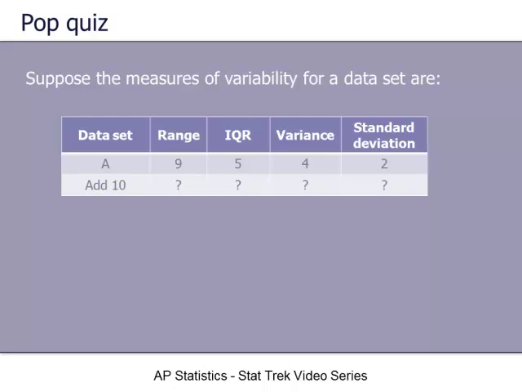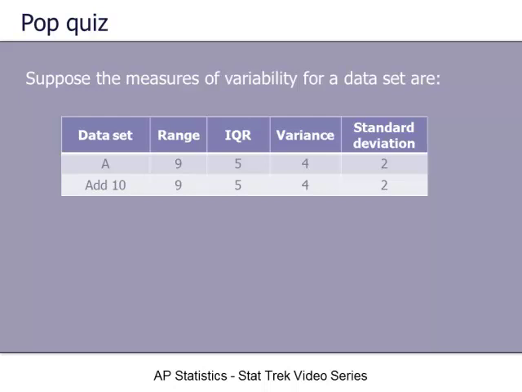If you add a constant to a dataset, the difference between values does not change. So the measures of variability don't change. Therefore, even after you add 10 to dataset A, the range is still 9, the interquartile range is still 5, the variance is still 4, and the standard deviation is still 2.